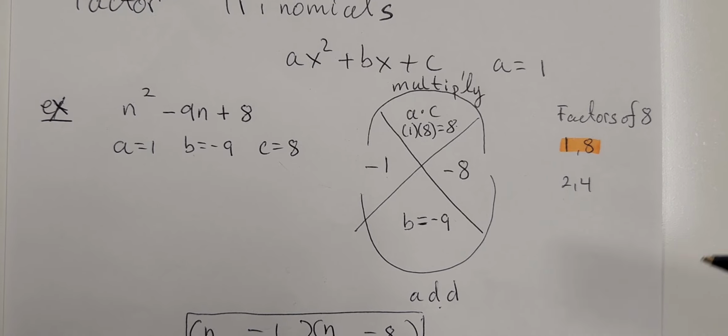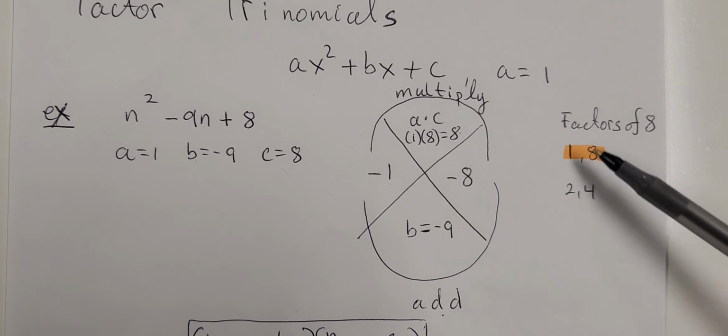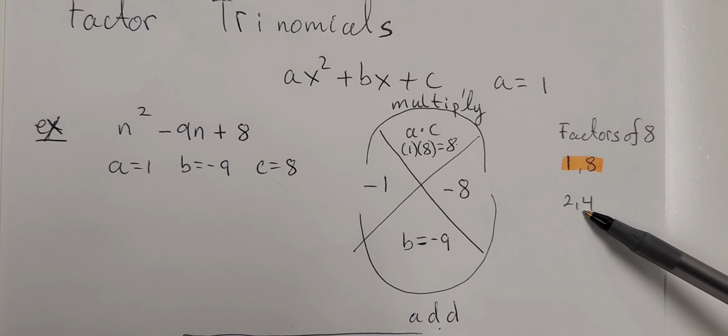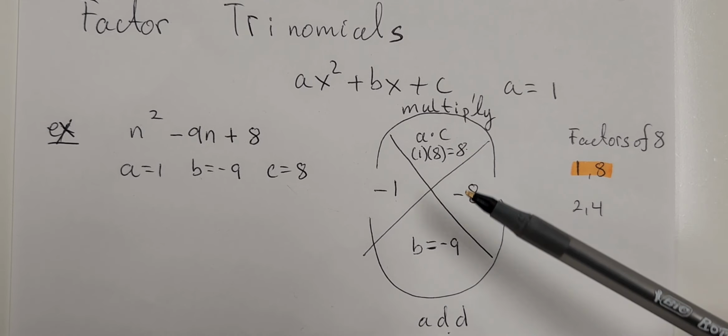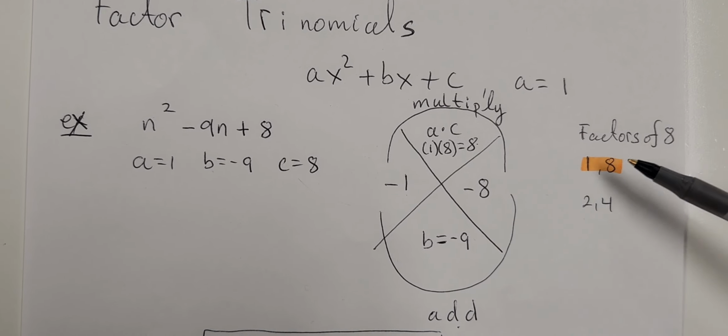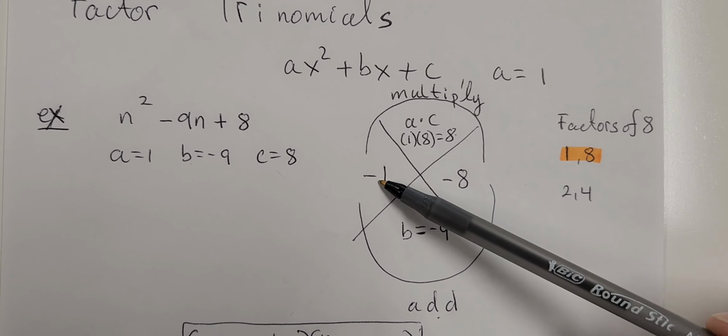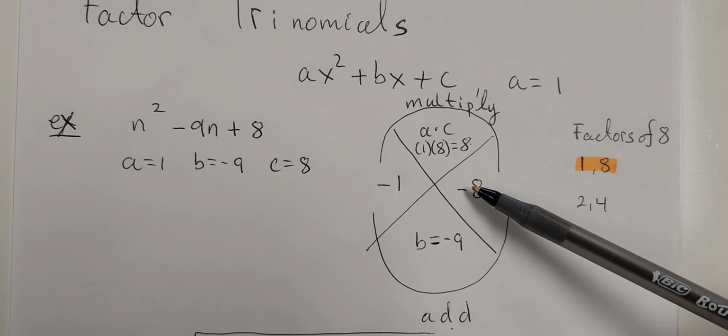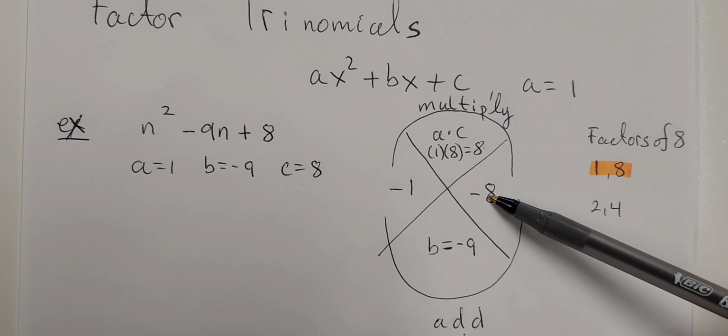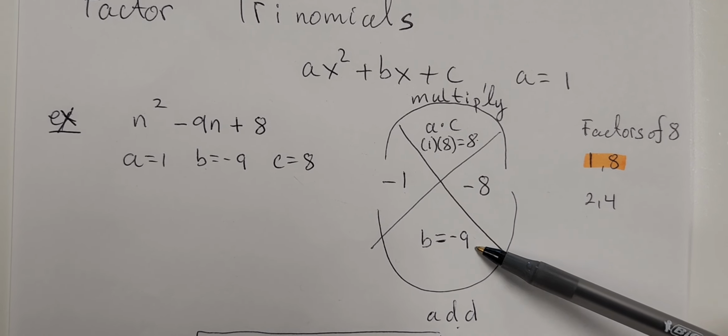Next, we need to find which of these combinations will give me 8 and negative 9. In this case, we can only use 1 and 8, because 1 times 8 gives me 8, and 8 plus 1 gives me 9.